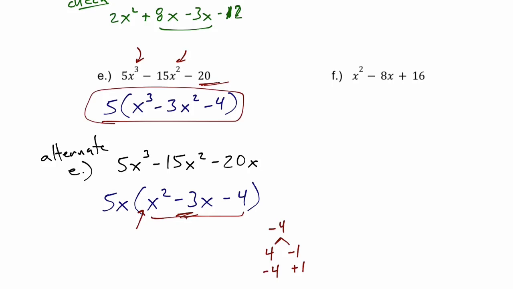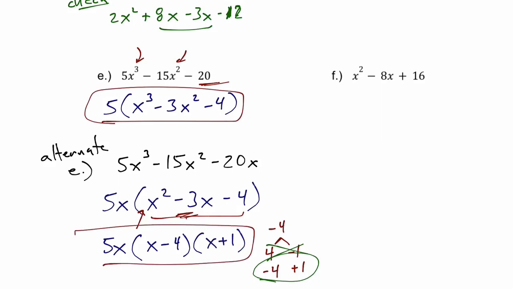And so it's going to be this second option, because negative 4 plus 1 will give me a negative 3. And so my final expression, 5x is just hanging out in front. I get x minus 4 and x plus 1. And again, we could double check our work by multiplying that back out to make sure it's correct.